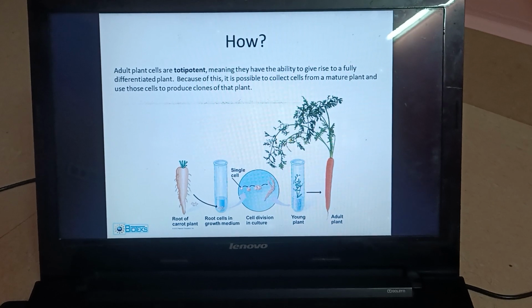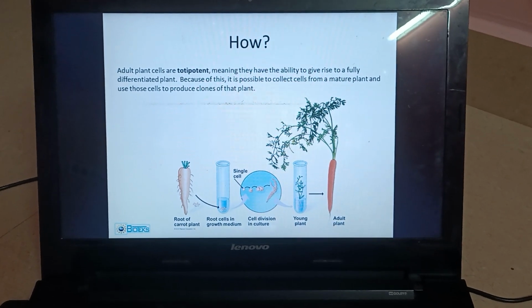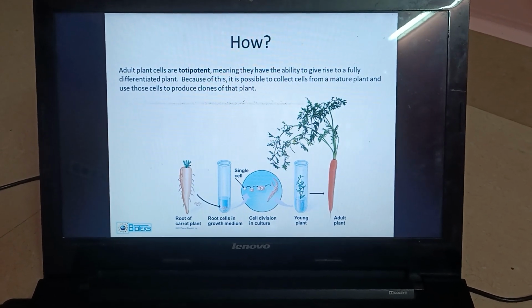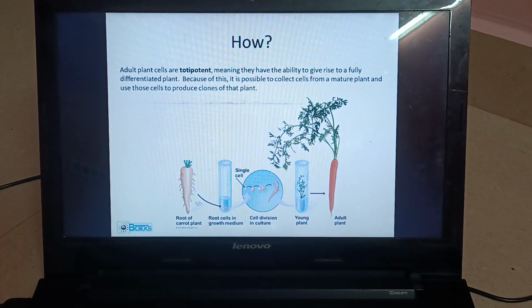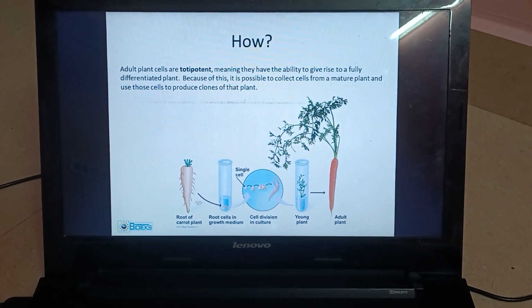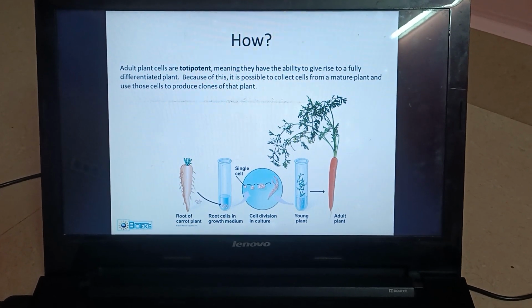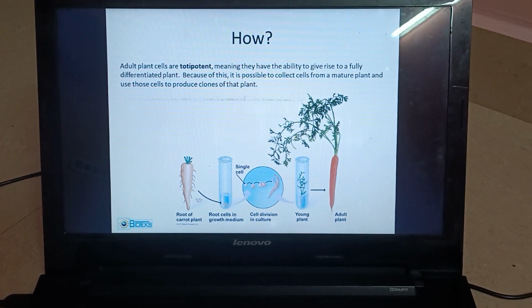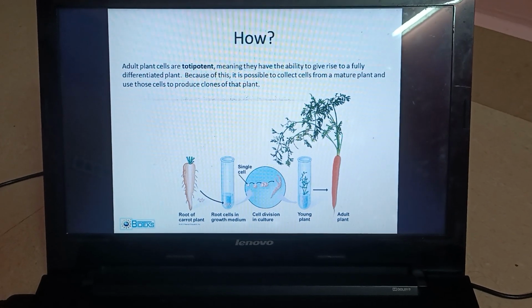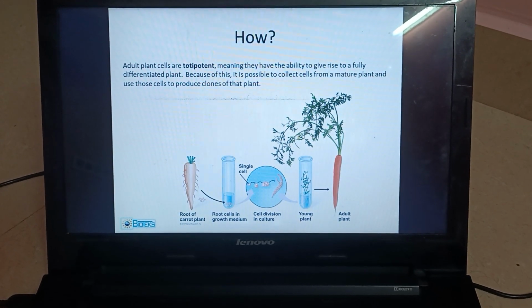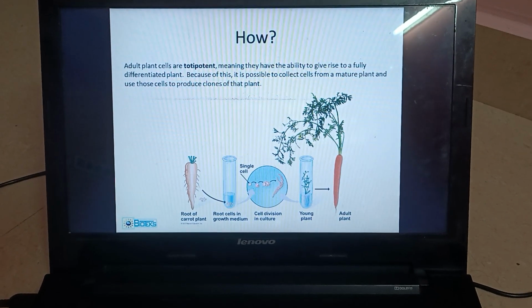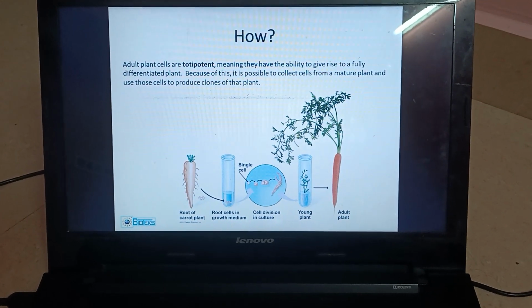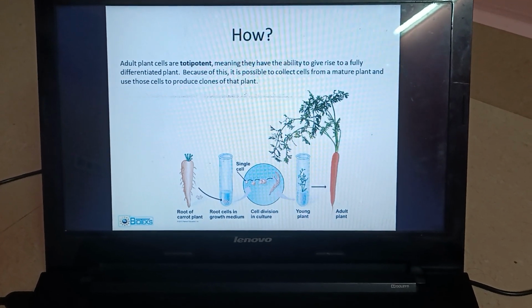If I put a root into artificial medium, it can grow into a complete mature plant, which means the root cells have totipotency. This totipotency gives rise to a whole mature plant.